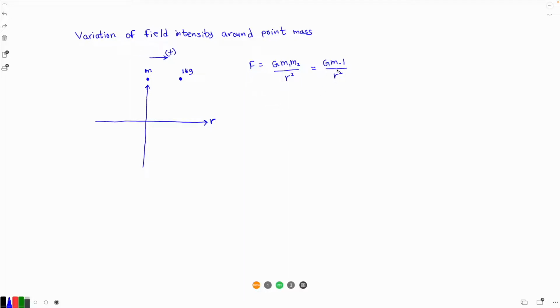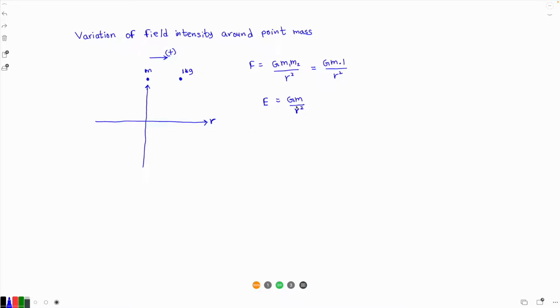This is the force acting on 1 kilogram, the same force acting on m and 1 kilogram. So I can define this force as the field intensity, because I found the force acting on 1 kilogram. So the field intensity is G m divided by r squared. We can find the shape of the graph considering the r squared value.